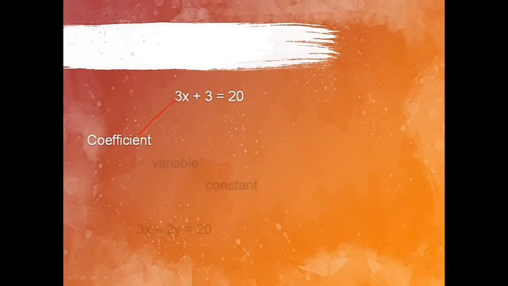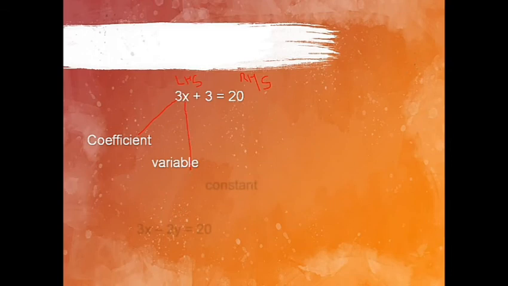This side is called the LHS, and this side is called the RHS. So on the left hand side there are two terms present, whereas on the right hand side there is only one term. Where a term is given with a number and an alphabet, that number is called a coefficient, and the alphabet given with that number is called a variable.